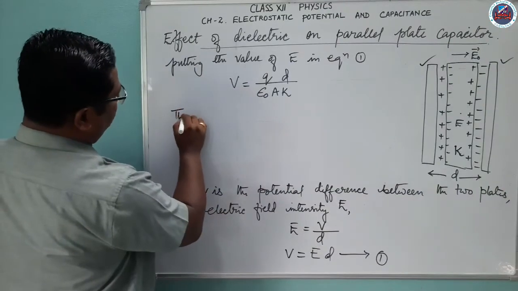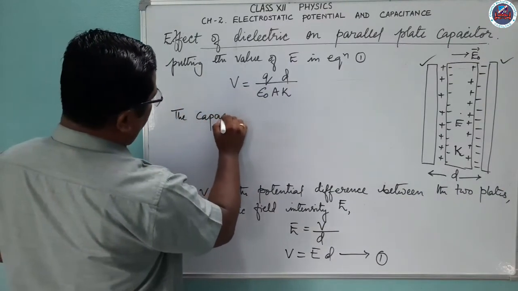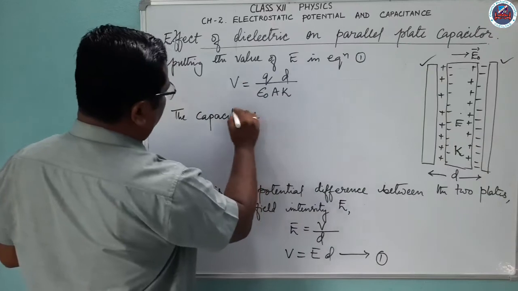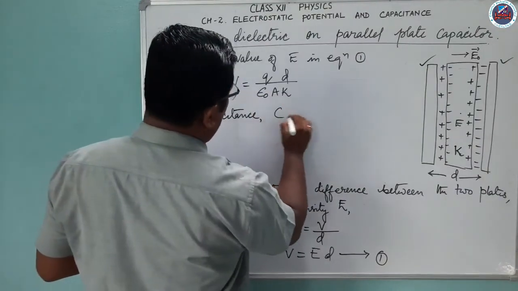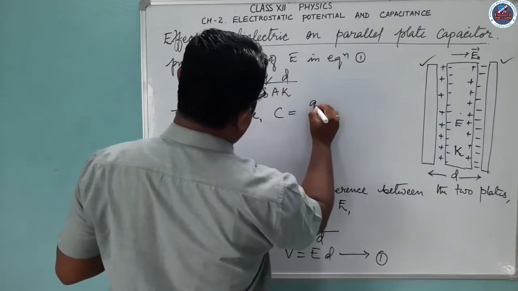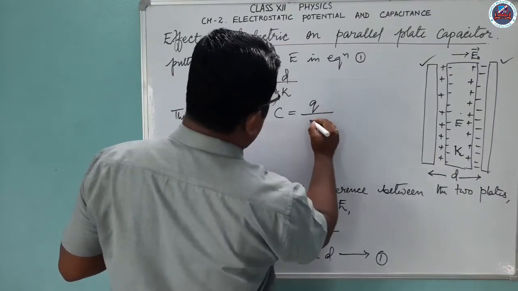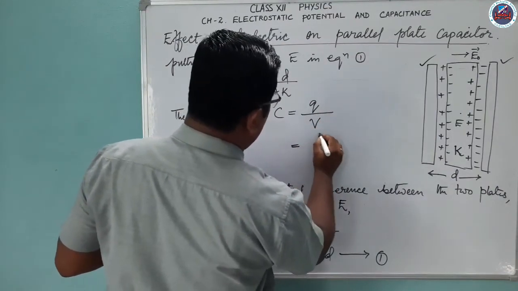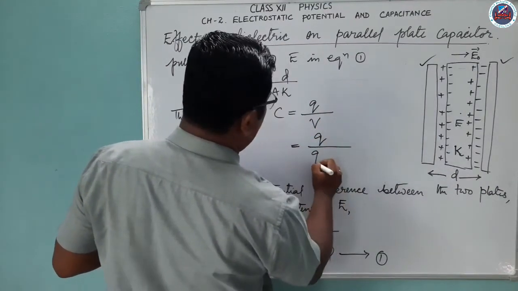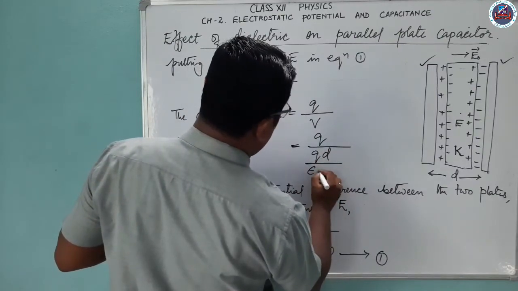The capacitance C can be written as charge per unit potential difference. This is Q divided by V, which is QD divided by epsilon naught AK.